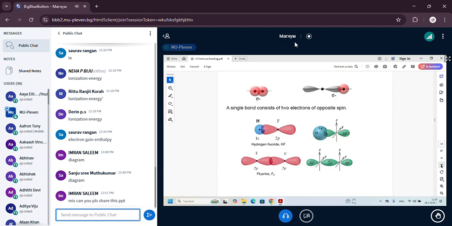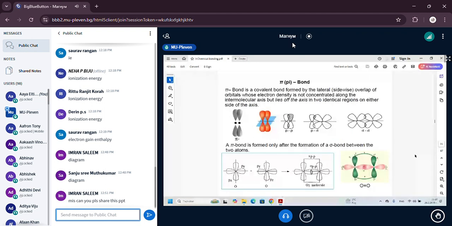Pi bond. Depending on the way of overlapping, when overlapping is sideways or lateral, we say this is a pi bond. You can see overlapping between 2p atomic orbitals sideways, between p and d atomic orbital, between two d atomic orbitals.